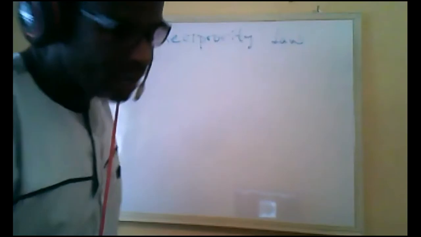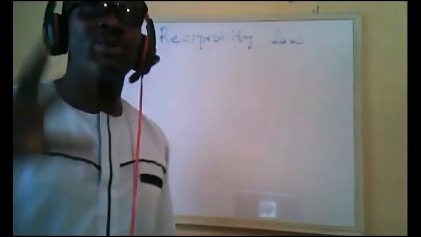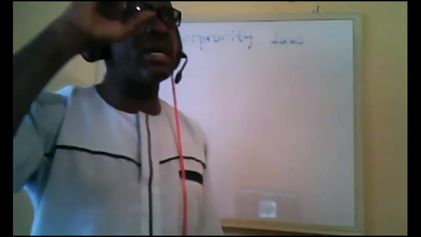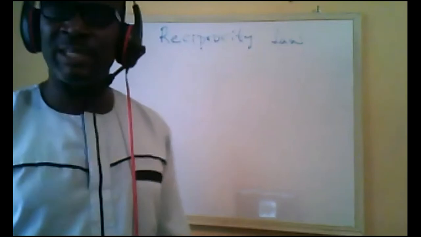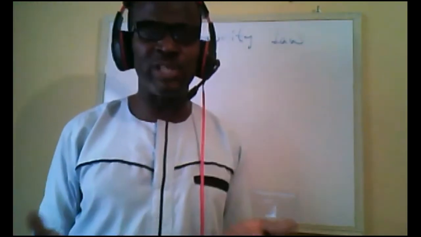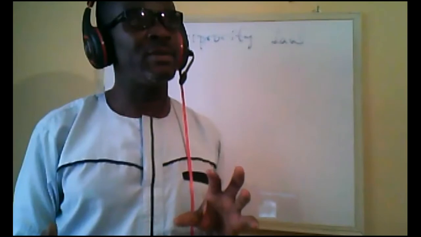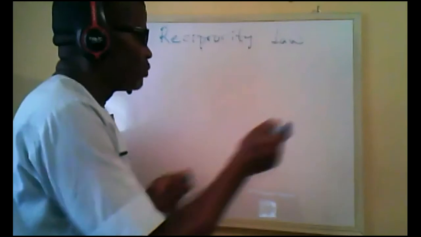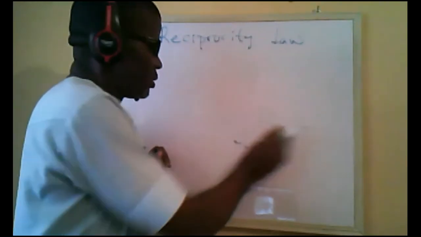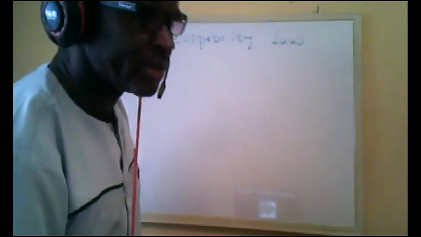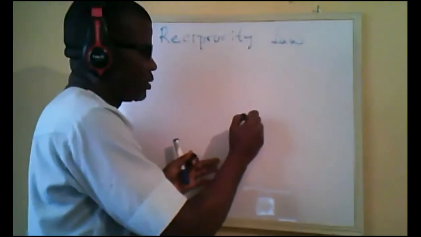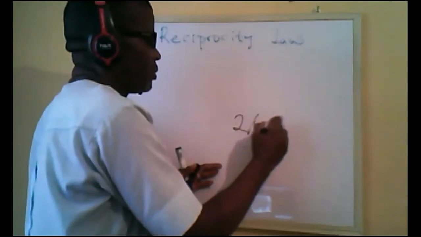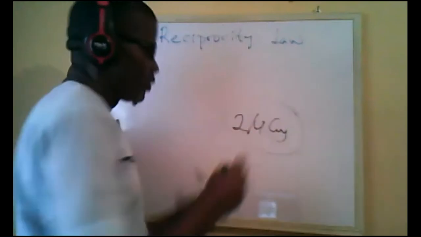Reciprocity law. If you have, for a particular optical density, no matter the amount of exposure and no matter the exposure rate, for a particular exposure, let's say you are looking at 2 micrograde.